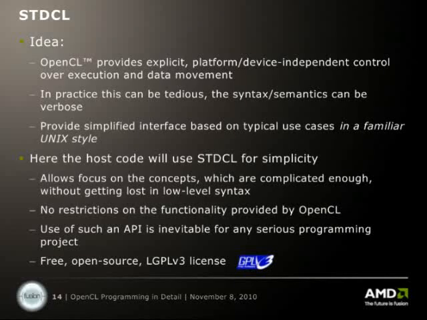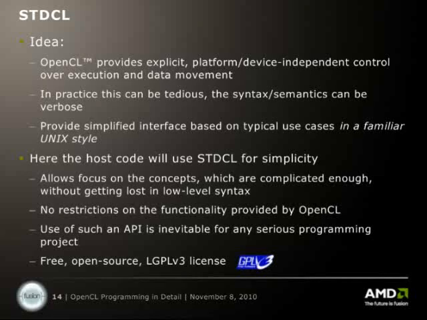And so that's what standard CL provides, and that's what we're going to use for the host code, for the code walkthrough later on. And the advantages here is that this allows us to focus on the concepts, which are in some sense complicated enough, without getting lost in a lot of the low-level syntax. It's important to point out that this API has no restrictions in terms of access to the full functionality that OpenCL provides.